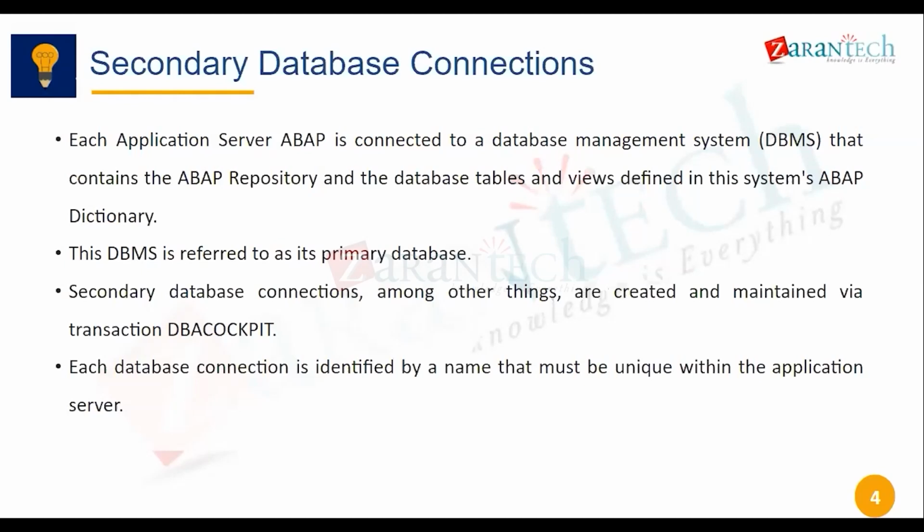This is more of a Basis-related task. We will not be doing it, but I want you to understand the concept of how secondary database connections work. The connection from the primary database to a secondary database is established using a T-code called DBACOCKPIT.